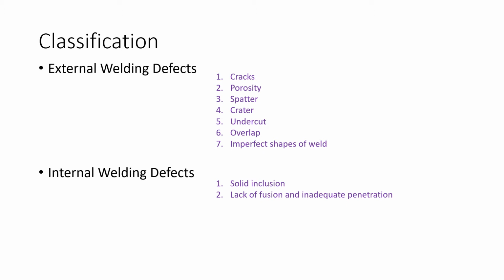Under external welding defects, there are cracks, porosity, spatter, crater, undercut, overlap, and imperfect shapes of weld. In internal welding defects, there are solid inclusion, lack of fusion, and inadequate penetration.